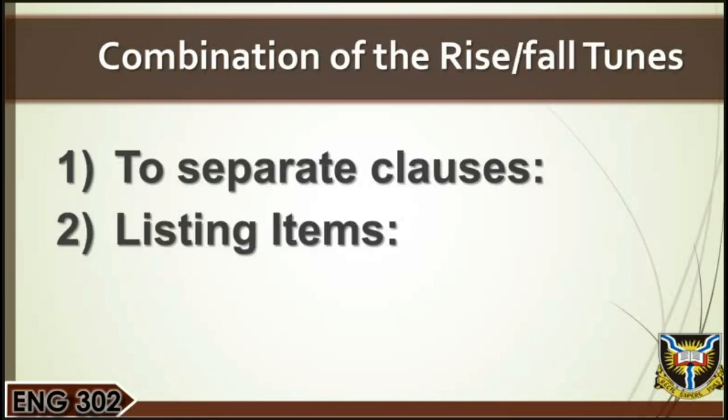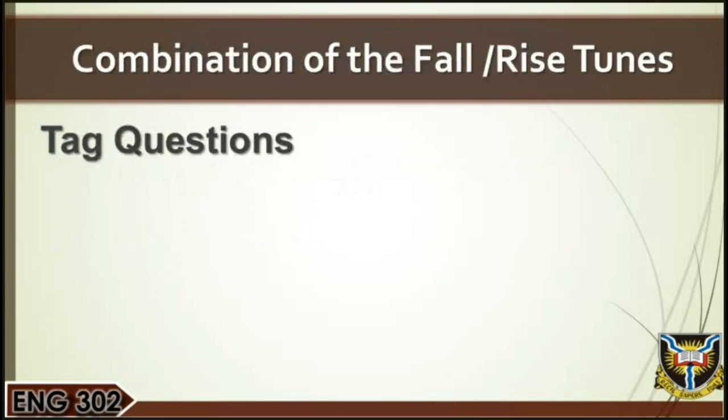Combination of the fall and rise tunes. The falling and rising tunes may be combined in certain utterances. Let us look at them below. Tag questions. Tag questions are questions that are formed by adding tags such as can't we, wouldn't we, or isn't it to a sentence.